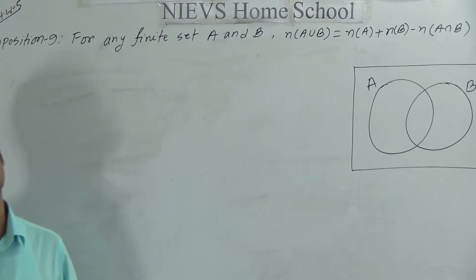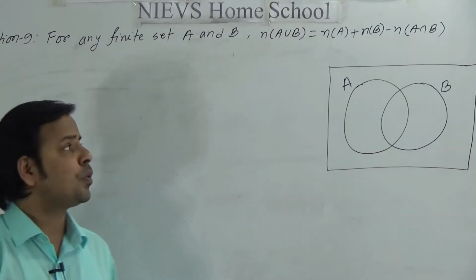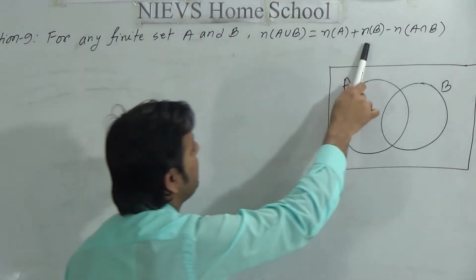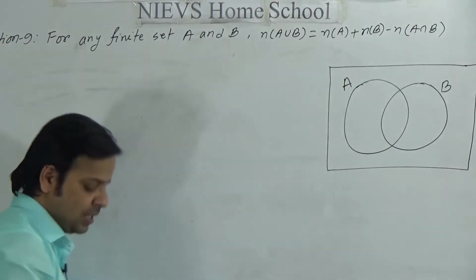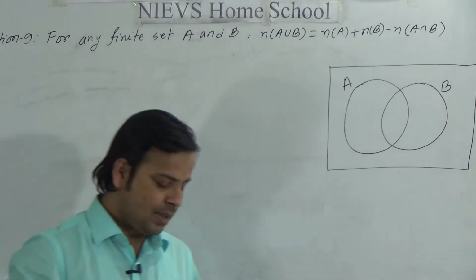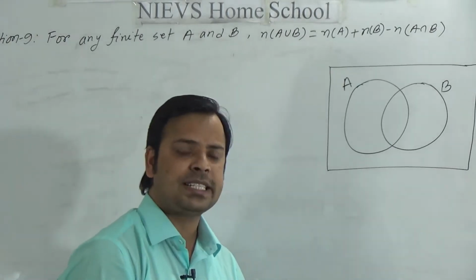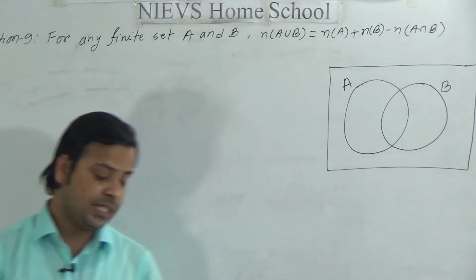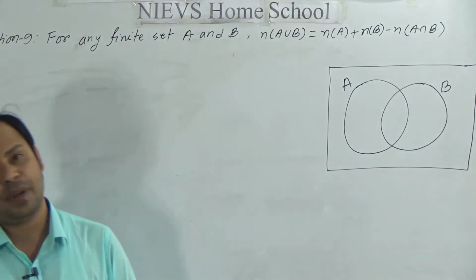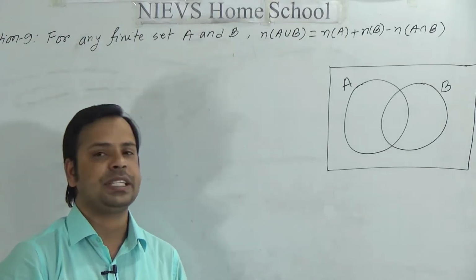A intersection B. Okay. Dear students, to prove this, we can consider A and B be two finite sets. As A and B are two finite sets, it means that we can determine the number of elements of A and B by counting.